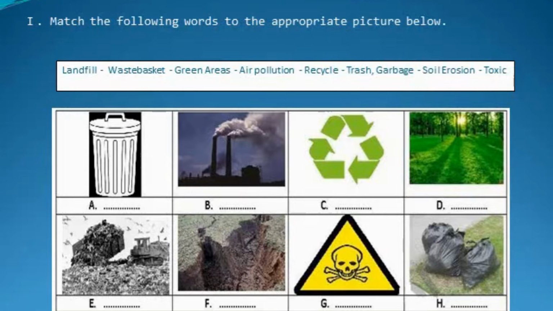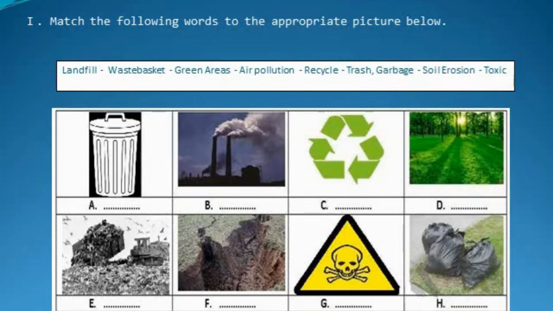So let's begin with the first picture. The first picture, of course, is a waste basket. Number two, or picture B, is air pollution because we have here the smoke coming out from this factory. Picture C is a sign of recycling. Picture D is a green area.